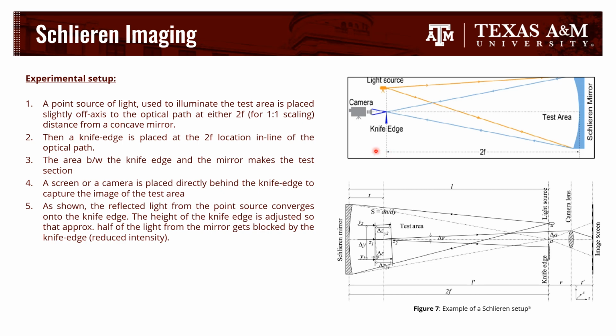Then a knife edge is also placed at the 2f location, but now in line with the optical path. The area between the knife edge and the concave mirror makes the test section. Next, a screen or a camera is placed directly on the optical path behind the knife edge.